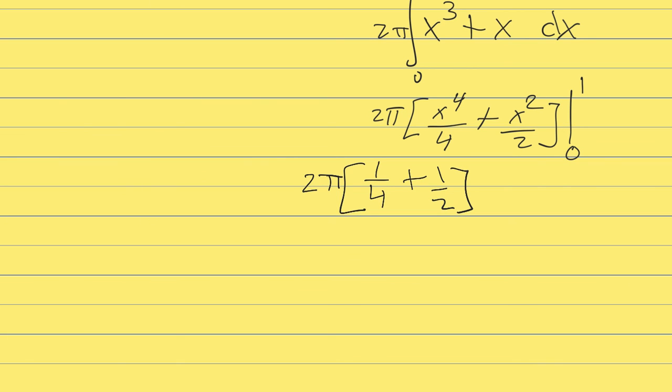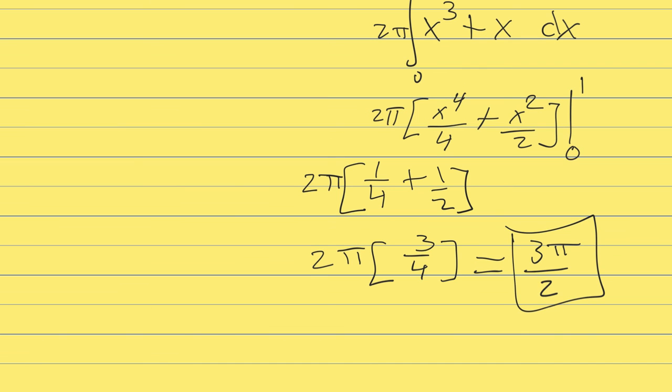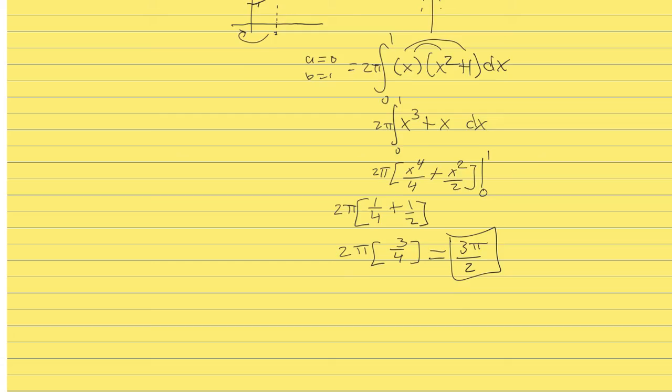And simplifying this, 2 pi times 3/4 is going to give us 3 pi over 4, or 3 pi over 2 after we simplify, and that is our final answer for finding the volume of this function.